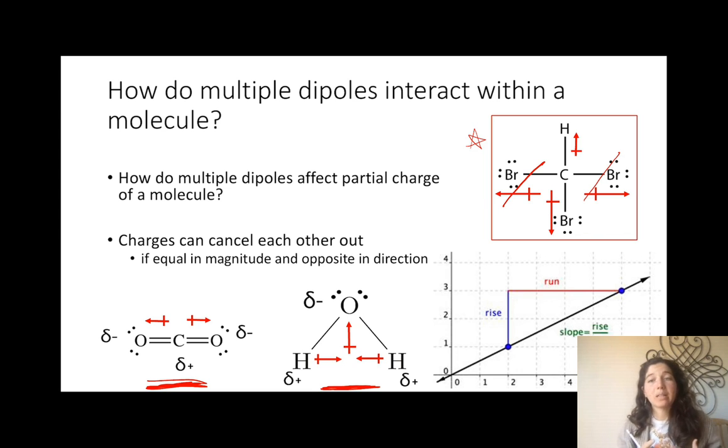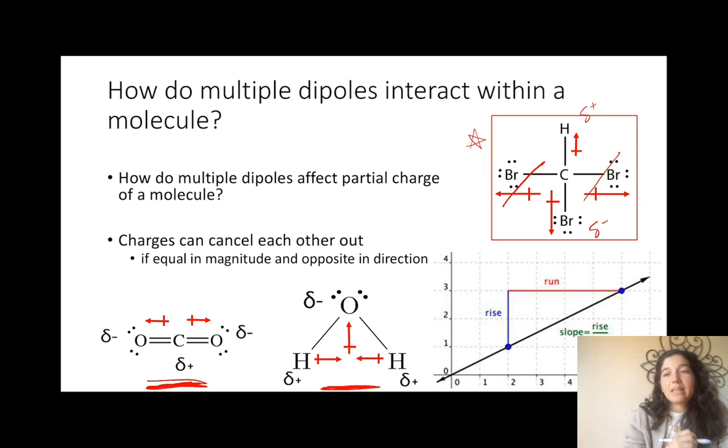If you look at the Pauling scale, bromine is going to pull differently than hydrogen. I think it pulls more than hydrogen. So it's going to be pulling electrons towards it more than hydrogen does, meaning that this side's going to be more negative and this side's going to be more positive because there's a higher electron density down there.